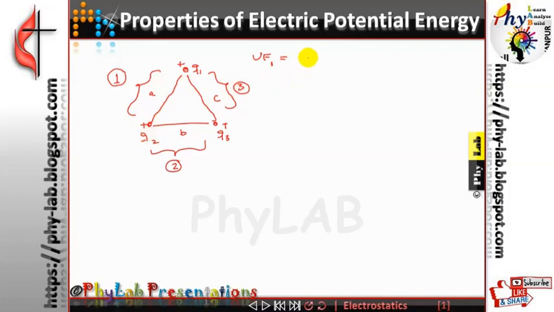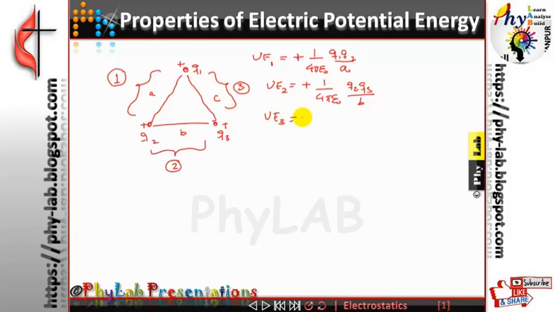They are both of like nature, so the potential energy will be positive, and its magnitude will be 1 upon 4 pi epsilon naught Q1 Q2 upon the distance of separation, that is A. Similarly, the potential energy of the second pair will be plus, again they are like charges, 1 upon 4 pi epsilon naught Q2 Q3 upon B. And then you can go for the third pair.